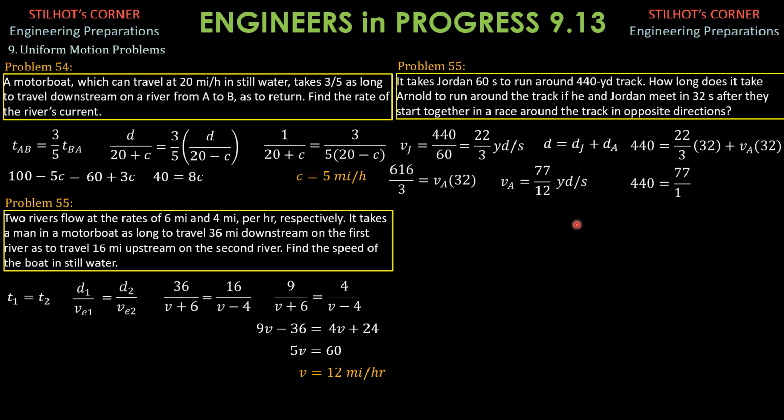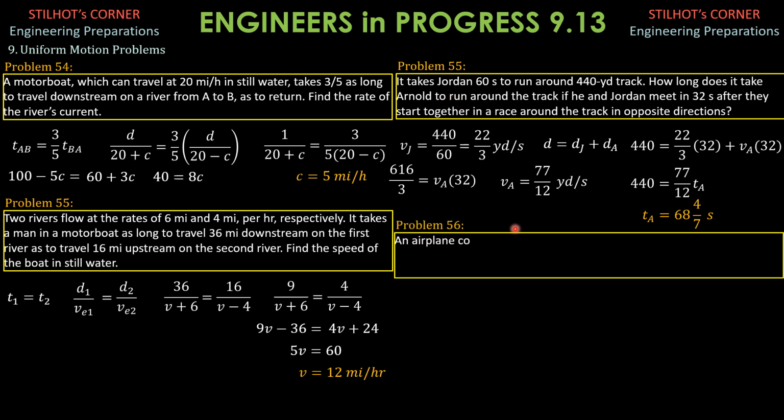So 440 equals 77 over 12 times travel time of Arnold to complete that 440 yard track. So time of Arnold is 440 times 12 over 77, and that is in mixed fraction 68 and 4 over 7 seconds. So that's it for this problem.